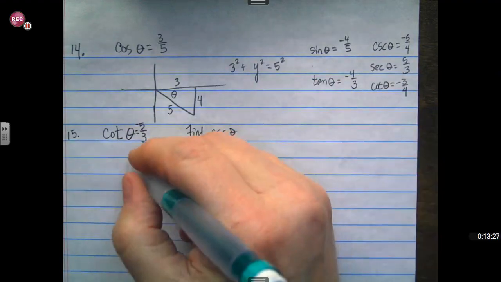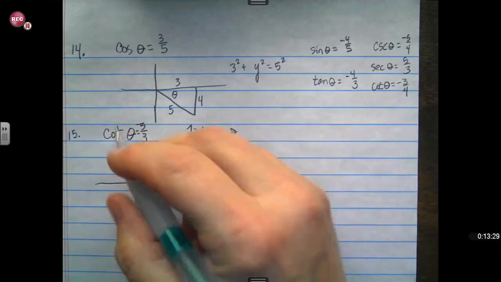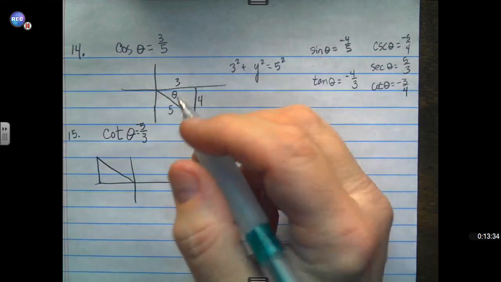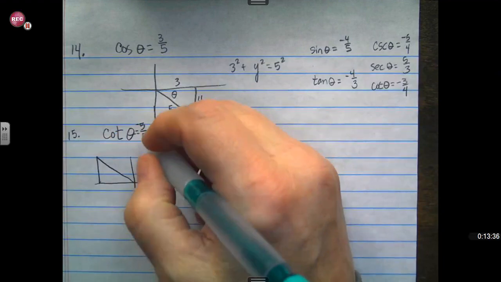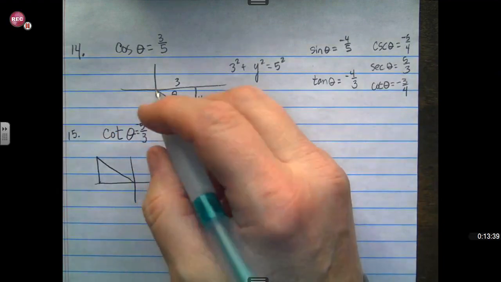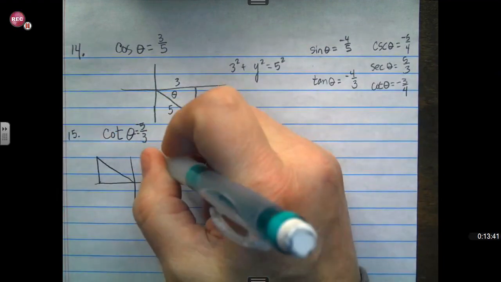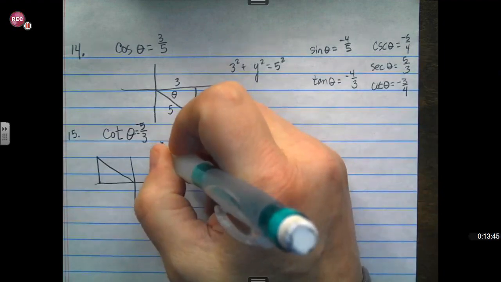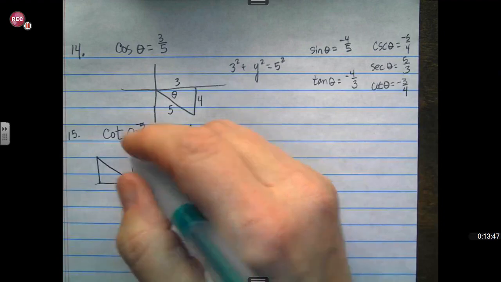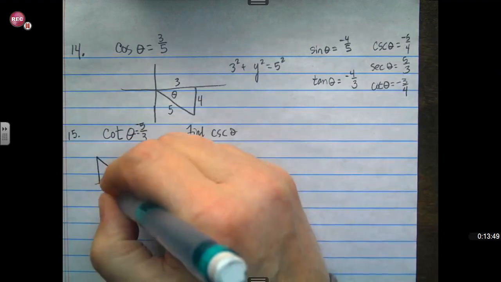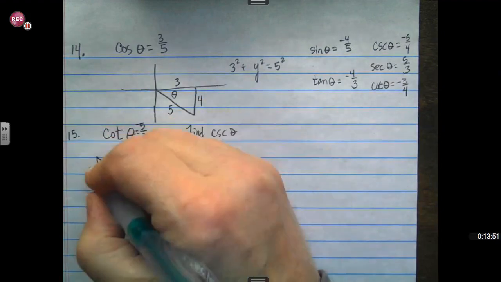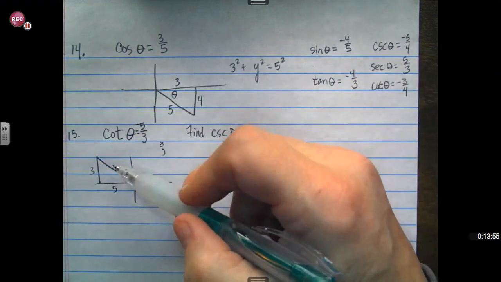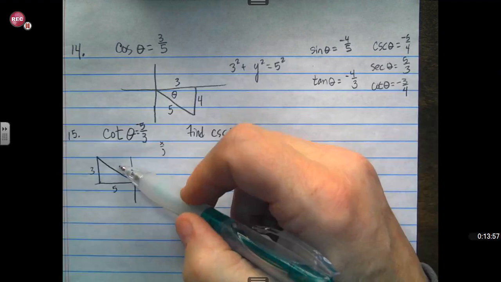So again, cotangent, and this is the one where they like to try to fool you. So cotangent is negative 5/3, which means that cotangent is x over y. And so the x is 5, the y is 3, and then they're trying to trick you into putting 4 here for the hypotenuse, and it isn't 4.